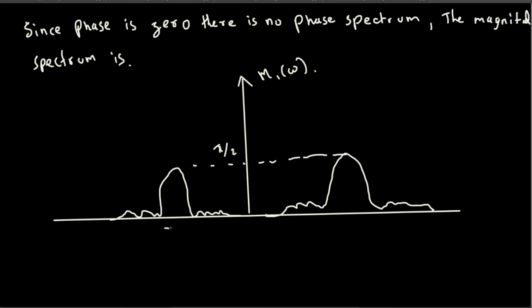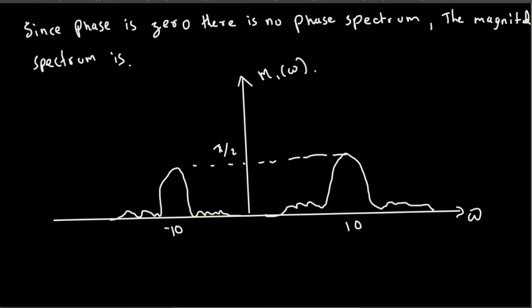Here this one is -10 and this one is +10. This one is omega, and that's it. This is the magnitude spectrum. There's no phase spectrum, so that is it for the A part.